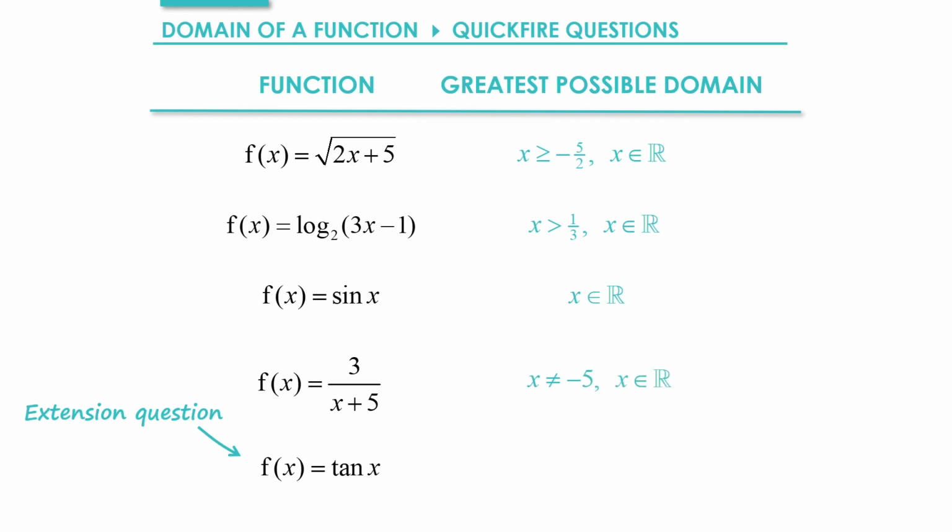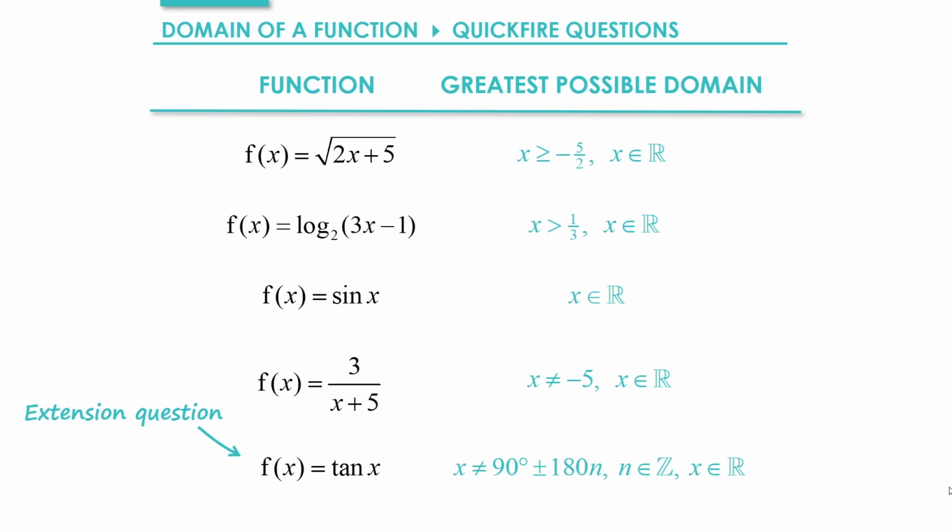And for f of x equals tan x, the extension question then, if you think about the graph of tan x, you'll notice there's an asymptote at 90 degrees. That means we need to have x is not equal to 90. However, there are further asymptotes every 180 degrees after that. So if we did 90 plus 180, that would get us another asymptote, and then plus 2 lots of 180, that's another asymptote.